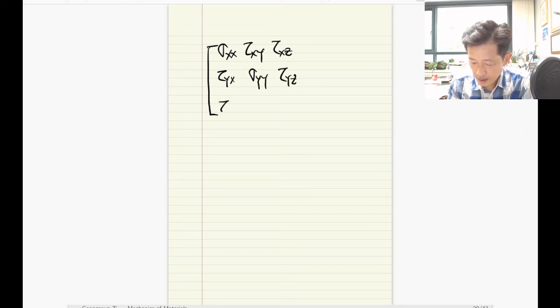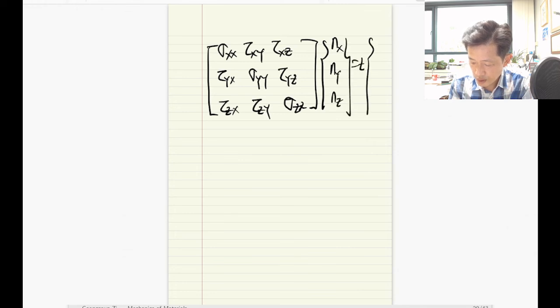In the extension of this eigenvalue approach to the three-dimensional configuration, let's say you have sigma xx, tau xy, tau xz, and tau yx, sigma yy, tau yz, and then tau zx, tau zy, and sigma zz. Again, we consider this eigenvalue condition: nx, ny, nz should be equal to a traction whose direction is the same as the observation direction, with lambda.